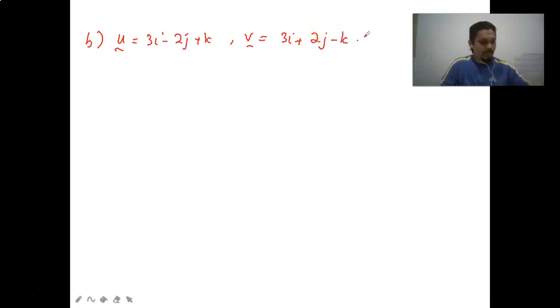For question B, the vectors just now: U equals 3i minus 2j plus k, and vector V equals 3i plus 2j minus k. So, the alternative method.